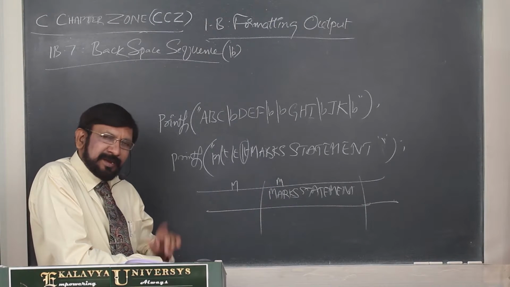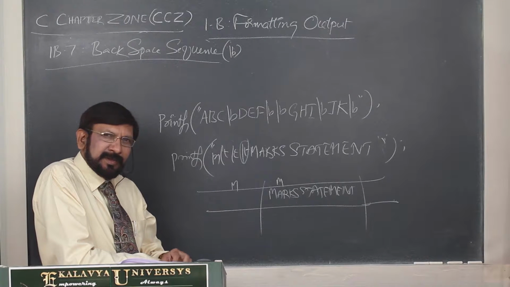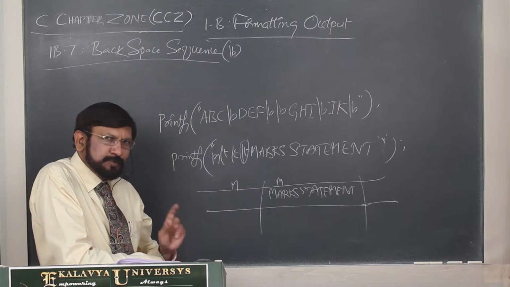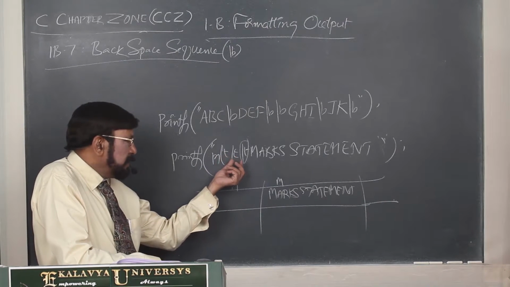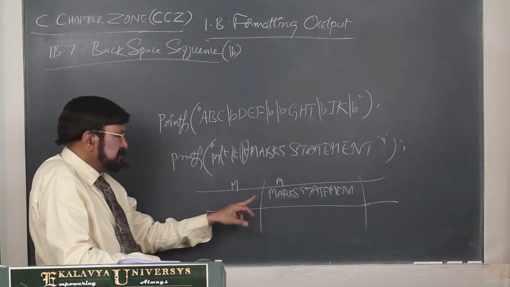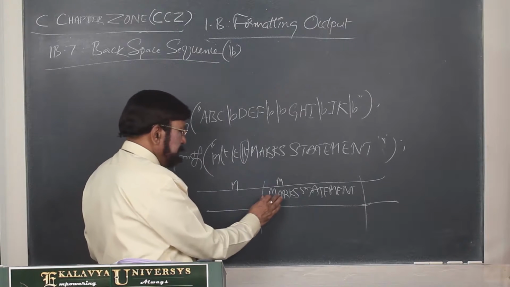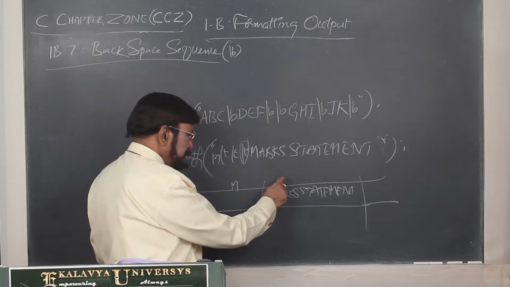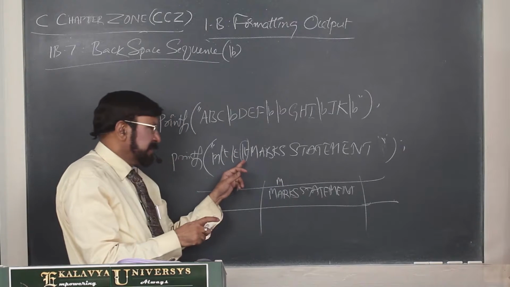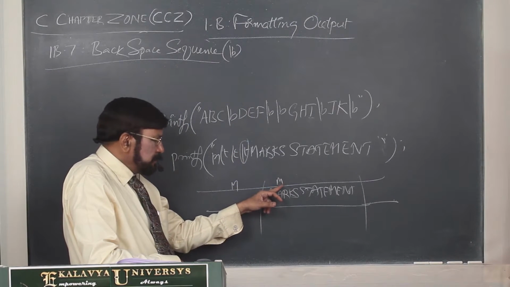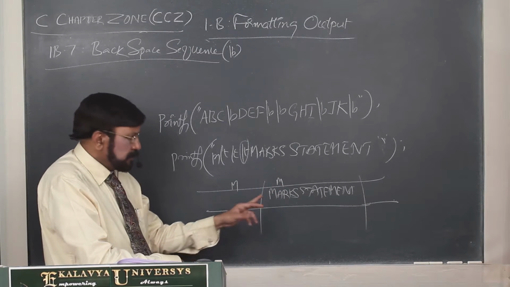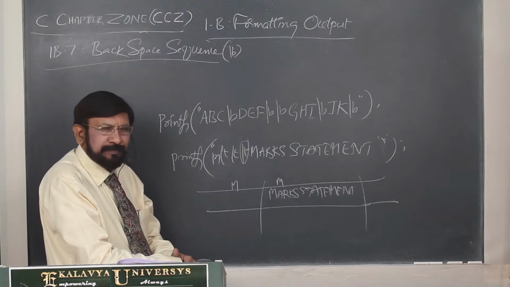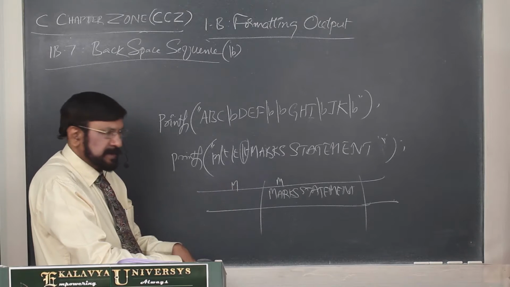Okay, then I suggest 2 alternatives. The first alternative is using the backspace sequence. Now you see, you are expecting M here, but because of 3 horizontal tabs, M is moved to here. That is 2 spaces extra from where you are expecting.